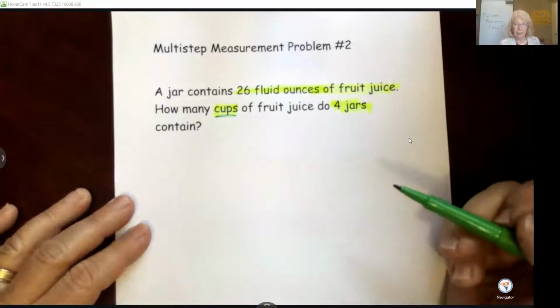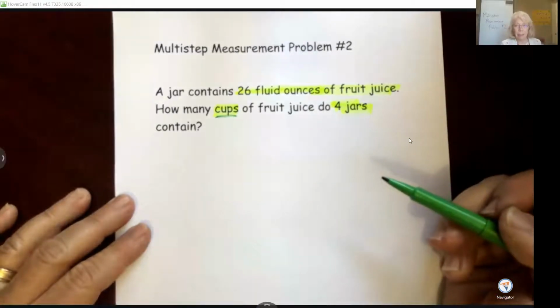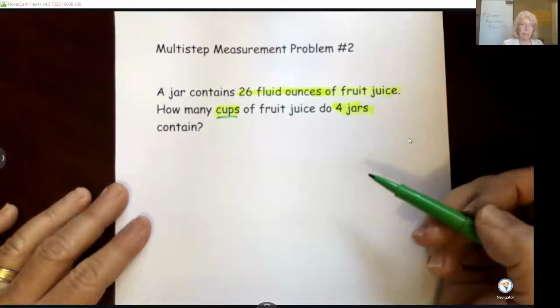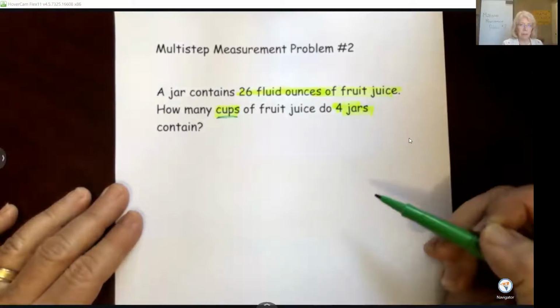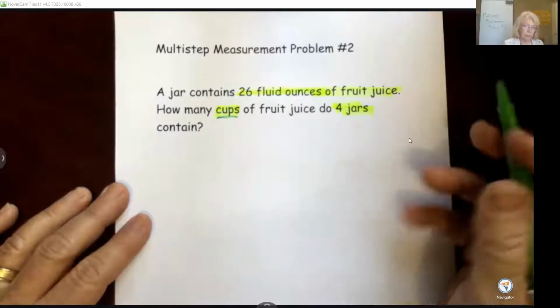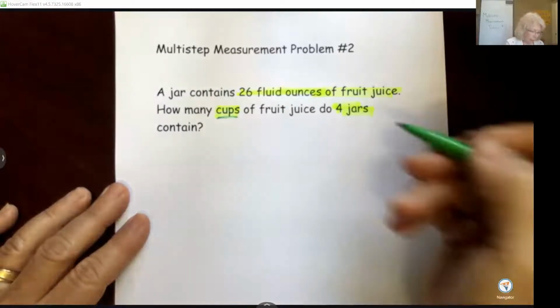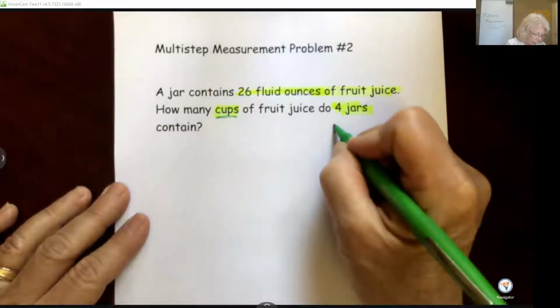So the first thing I like to do is think about the relationship that we're going to need to use in converting from fluid ounces to cups or cups to fluid ounces, depending which way we're going. As you might remember from prior videos, I always like to start with the 1 on the left side.